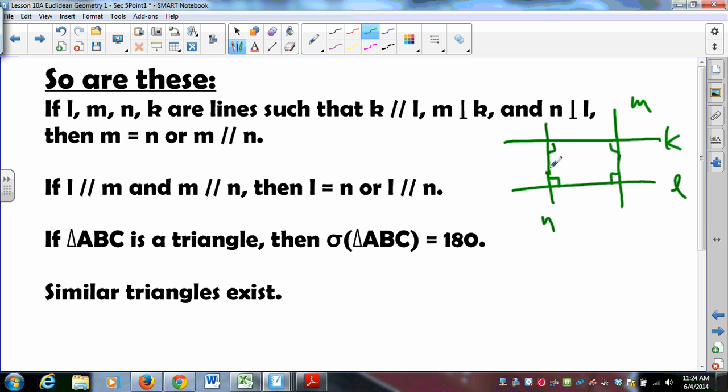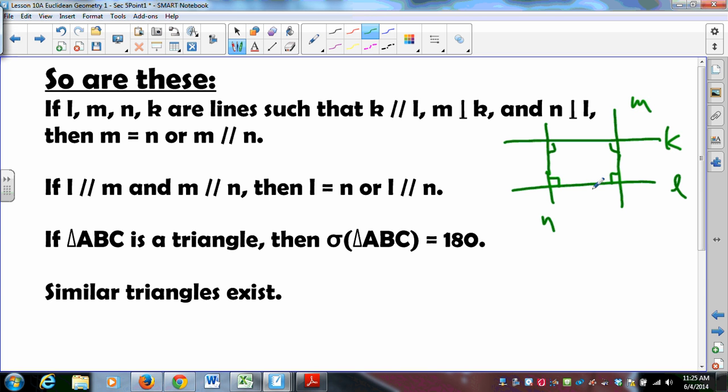M and N must be parallel because those are right angles right there. This, by the way, is how you get rectangles to exist. As soon as you draw a rectangle, you are in Euclidean geometry. Neutral geometry doesn't know of rectangles. Euclidean geometry does. I'm sorry, hyperbolic geometry doesn't know about rectangles.